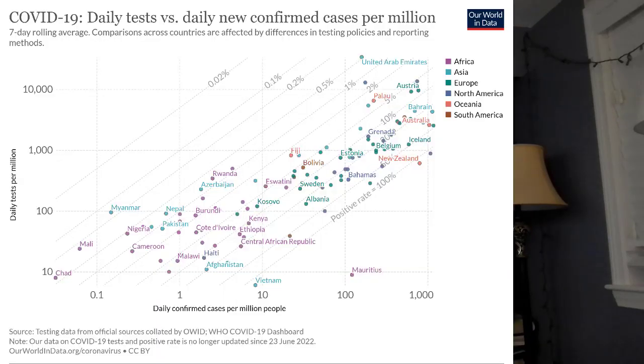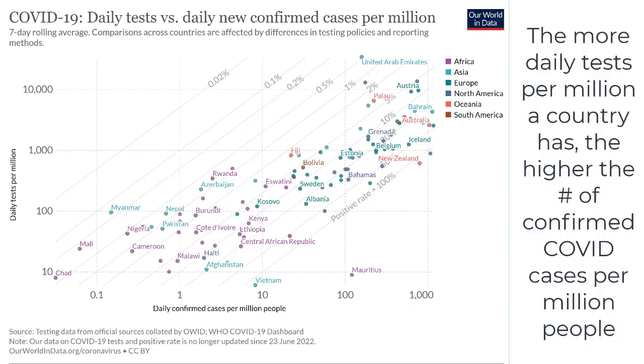chart by the same group, the World Health Organization, presented to us by the website ourworldindata.org/coronavirus. It turns out that something you're able to do if you have a lot of GDP per capita is pay for a lot more tests.